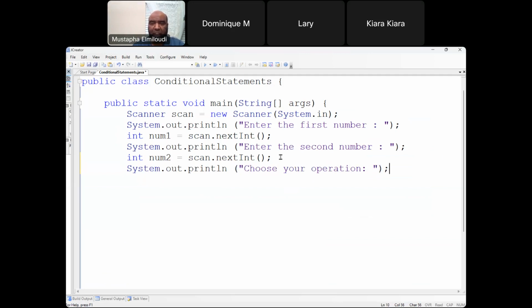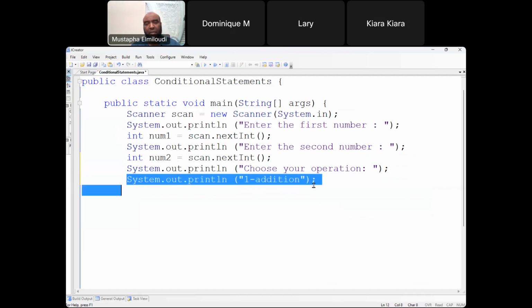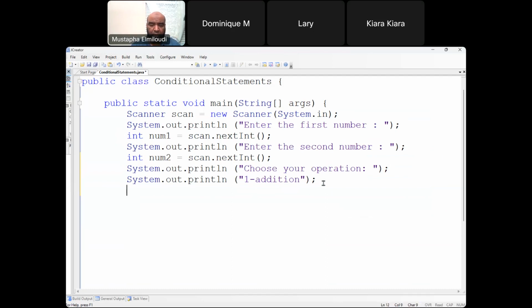And then maybe I can tell them what operation. For example, I'm going to put something like this. 1 means addition. And then copy and explain to them what each number means. They can enter the name, but I want them just to choose the number, and that number means a type of operation. So I'm going to copy it, and then I'm going to print this. If they enter 2, that means it is subtraction.